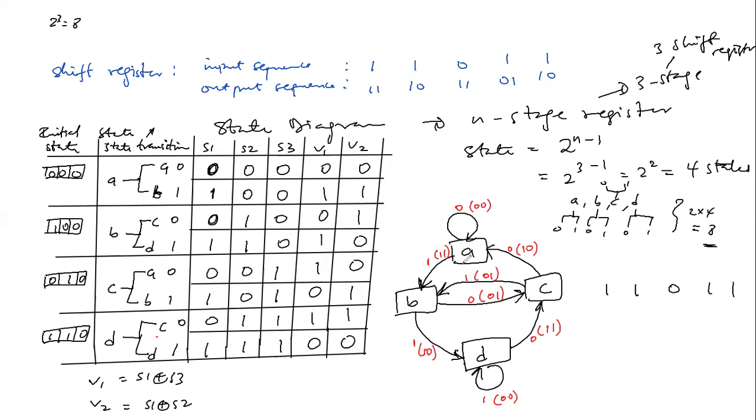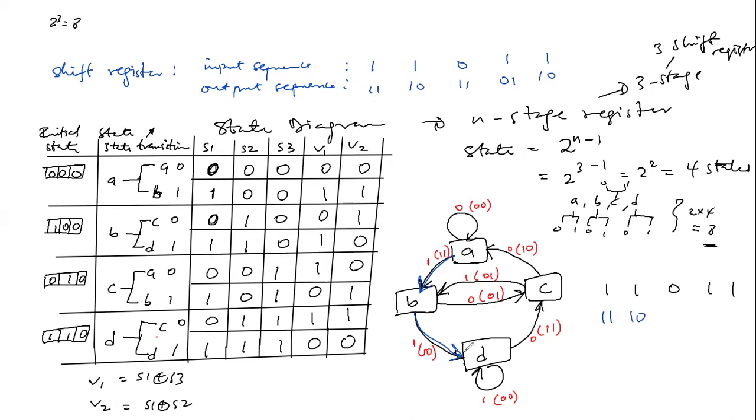So we are going to move this way. And then the output is going to be 1, 1. So when 1 is also emitted from state B, we can either move from state B to D or to C. When 0 is emitted it is C, but 1 is emitted, so we are going to move to D, right? And the output is 1, 0.